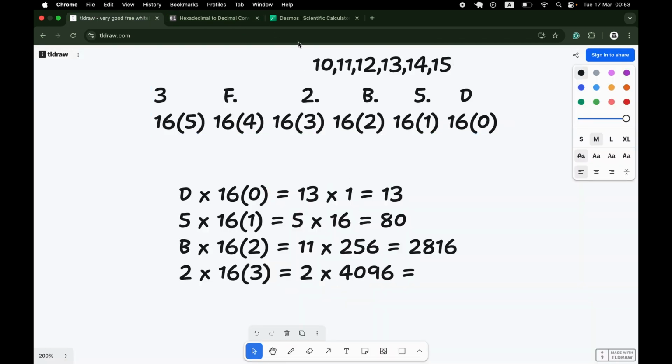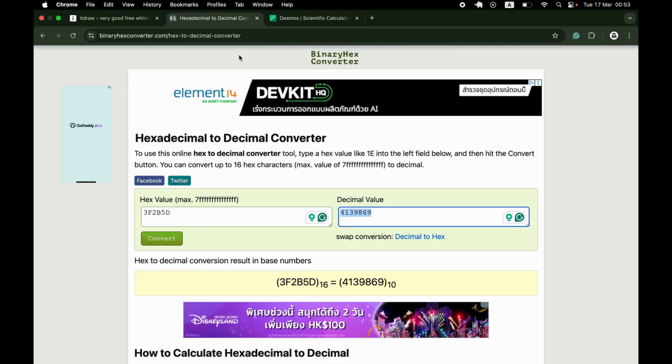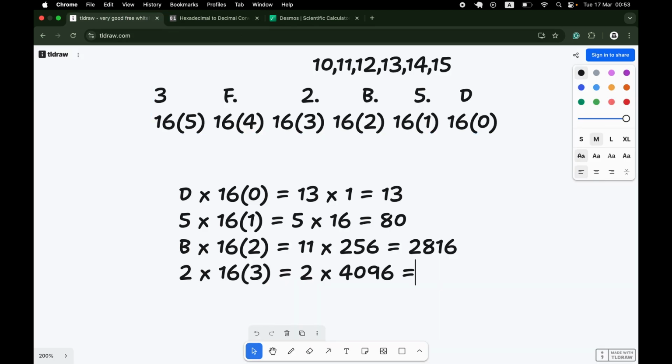Then we multiply by 2, and the value is 8192.